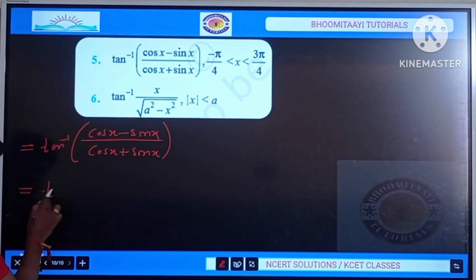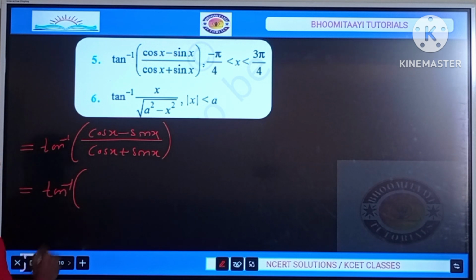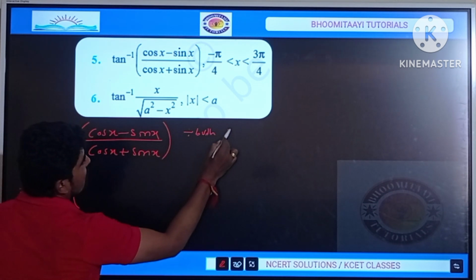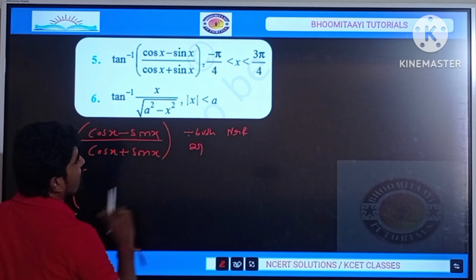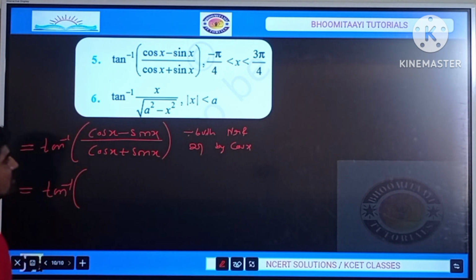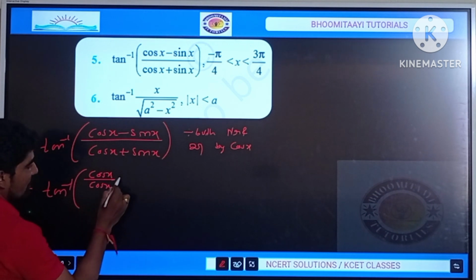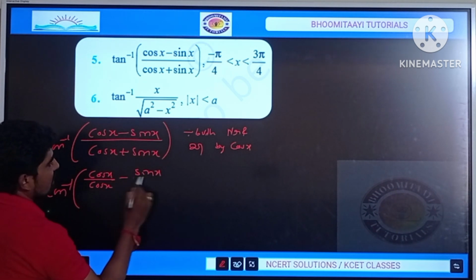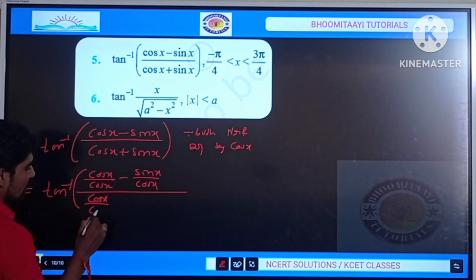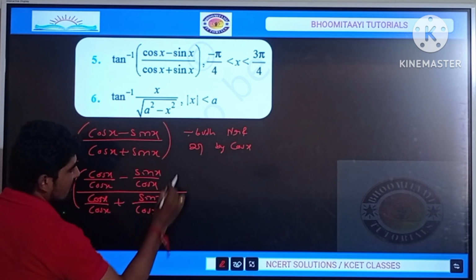To write the simplest form of this inverse trigonometric function, divide both the numerator and denominator inside the bracket by cos x. Now this is equal to cos x divided by cos x minus sin x divided by cos x, whole divided by cos x divided by cos x plus sin x divided by cos x.